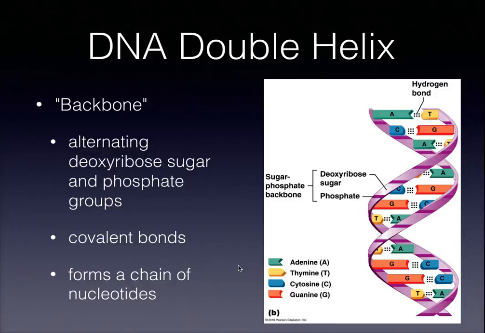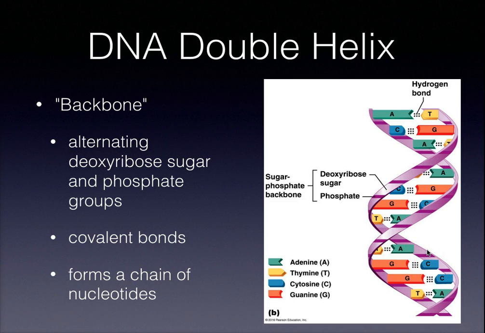And DNA's structure is called a double helix. And it ends up looking like a ladder that's been twisted. So the arrangement of the nucleotides involves a backbone. And the backbone, this would be this purple, the sides of the ladder.